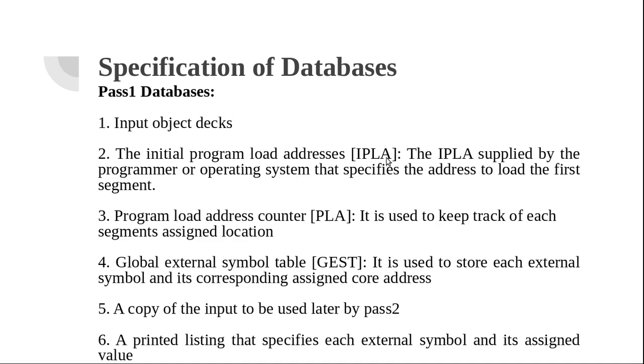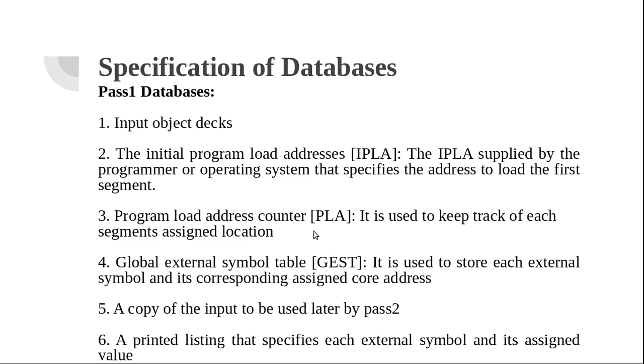So IPLA is supplied by the programmer or operating system and specifies the address to load the first segment. Usually the IPLA value is provided by the operating system. In some cases it will be provided by the programmer also. Then the next one is a counter, the program load address counter. As I mentioned, we will have many segments in our object program, so we must know the loading address for each segment.